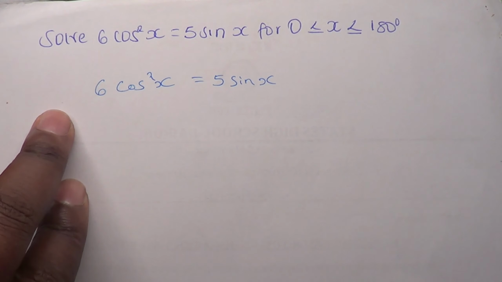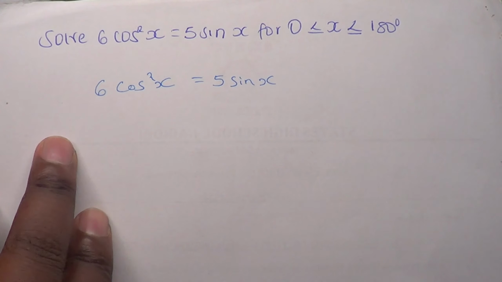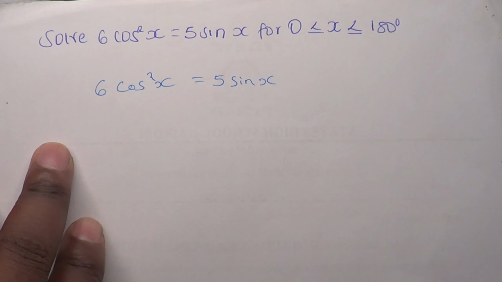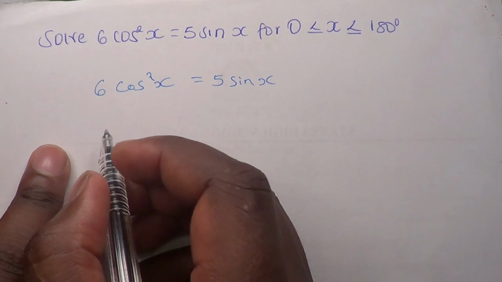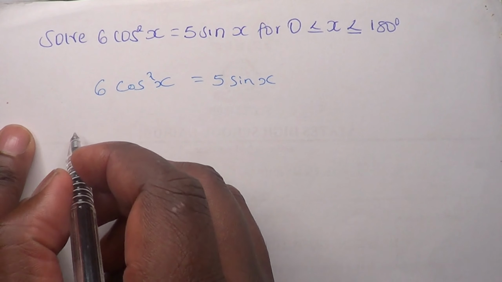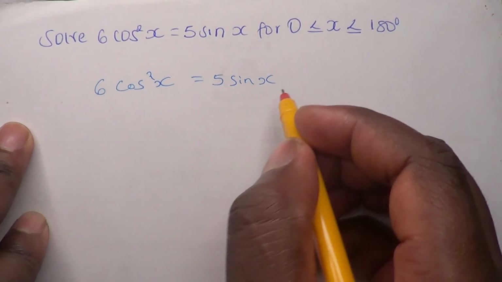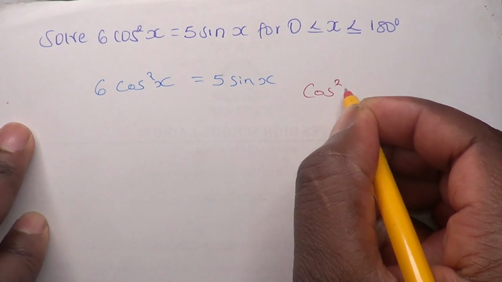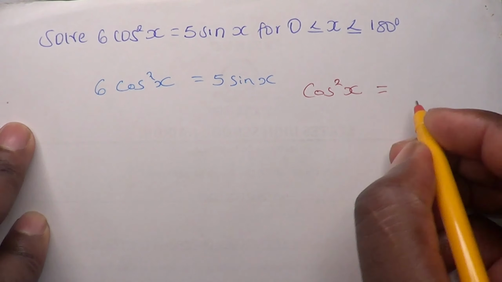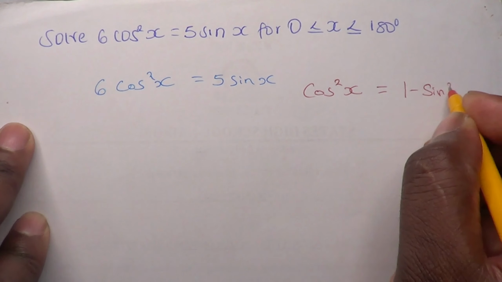Then the next step here is that we need now to use what we call the Pythagorean identity. We know so well that cos²x is equal to 1 minus sin²x.